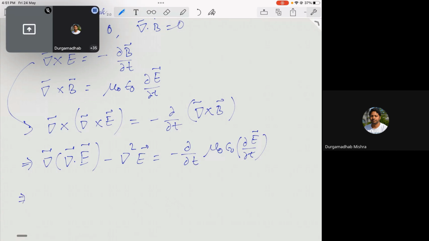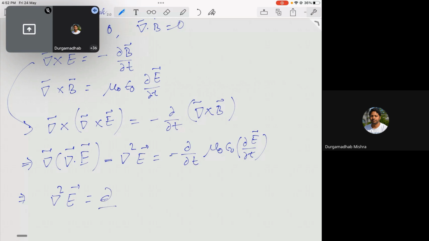Okay, we know again del dot E will be 0, that is from the first equation. So what we are left with is del square E equal to, the minus sign will just cancel out from each side, there is a minus sign here and a minus sign here.